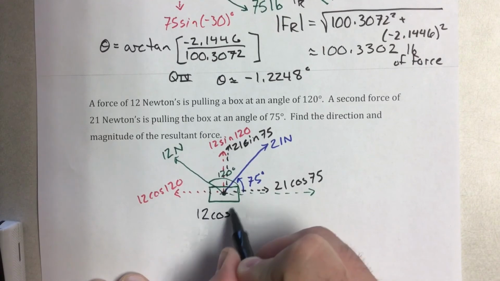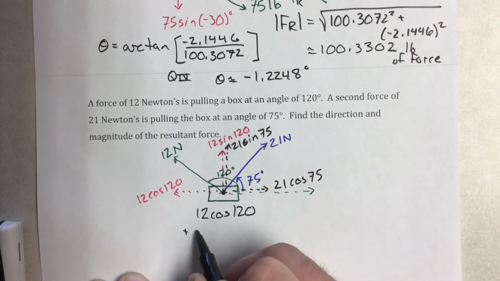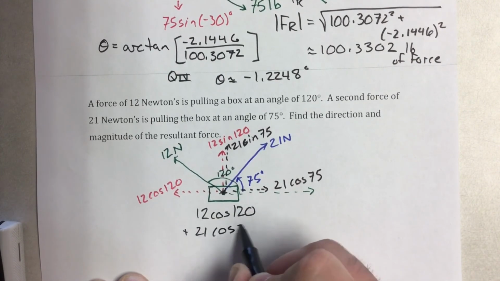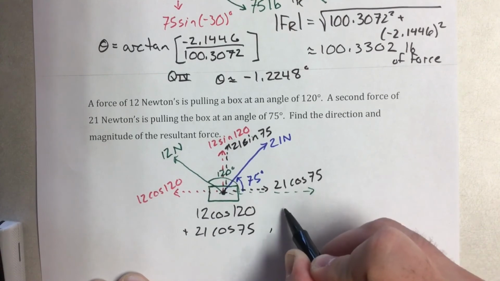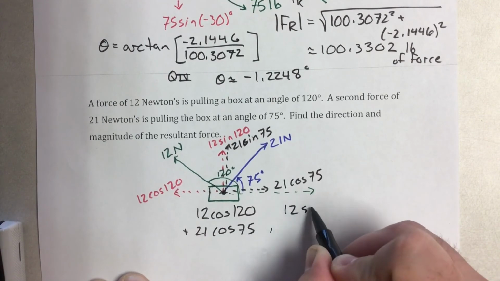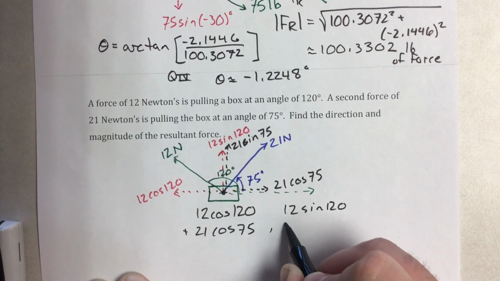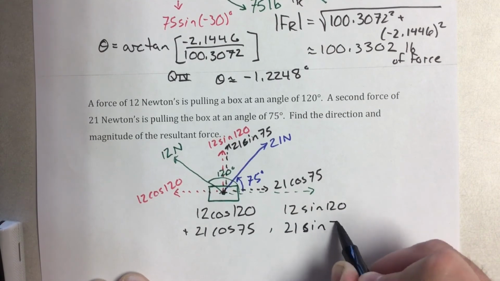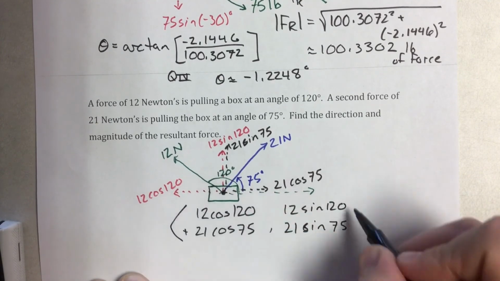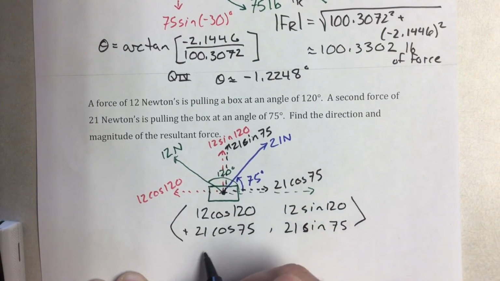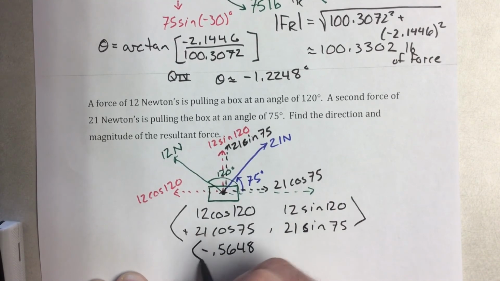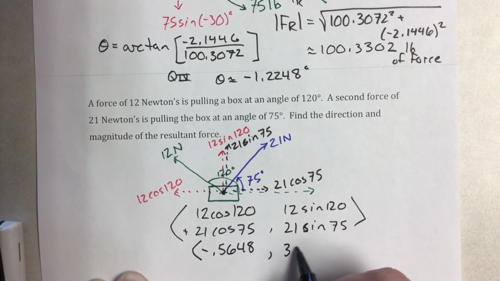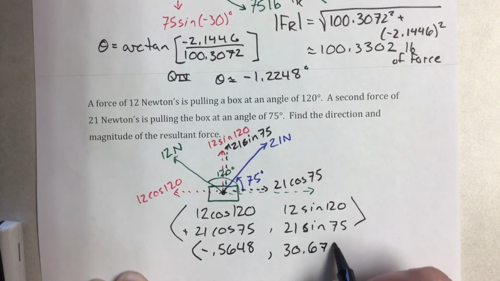So 12 cosine of 120 plus 21 cosine of 75, and 12 sine of 120 plus 21 sine of 75. You add them together, you get the components of negative 0.5648 and 30.6767.